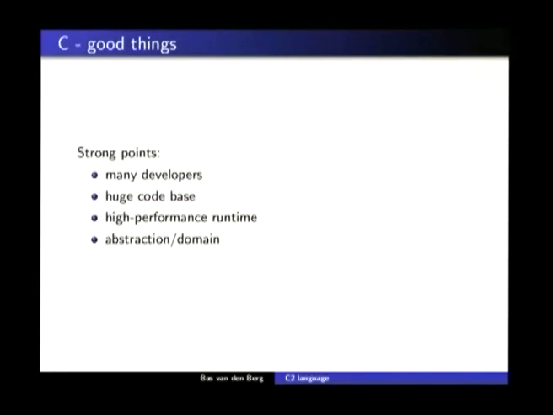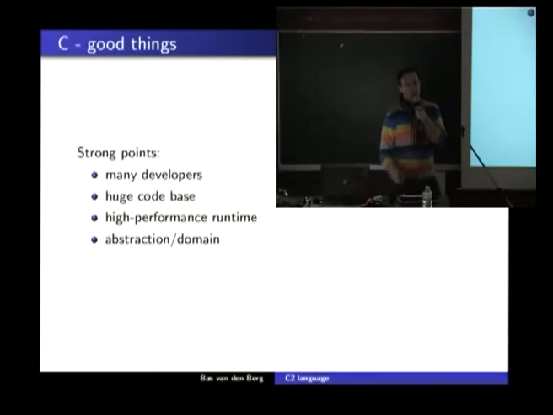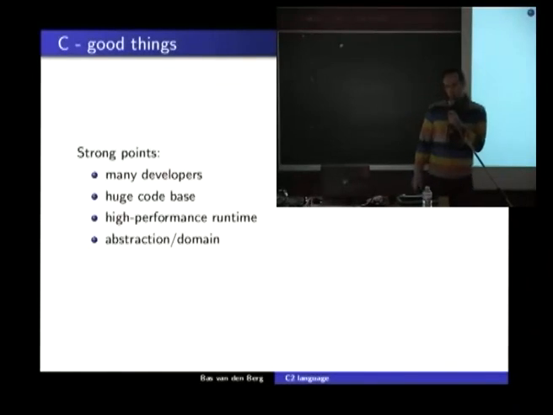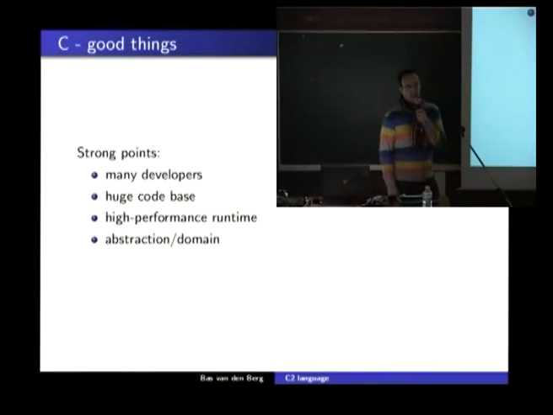So let's look at the points. Let's analyze the C language. Not C2, just the old C. Well, the code base is huge. There is lots of open source, millions of lines. I don't know how many C developers there are in the world, maybe also a million. It has good runtime performance.